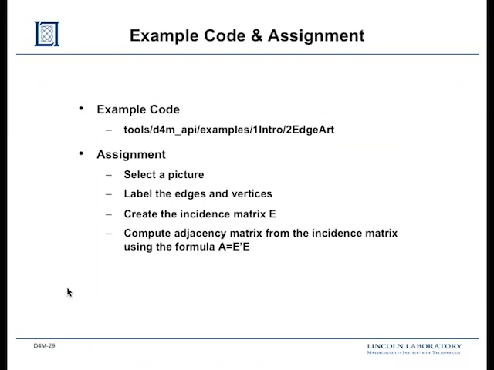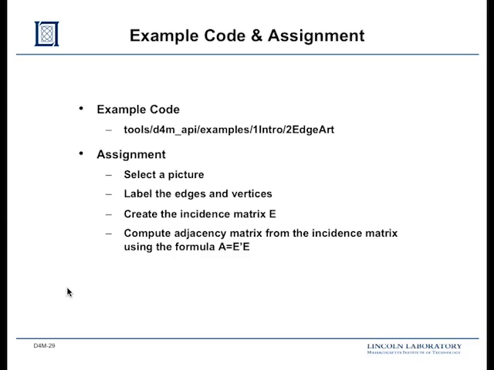So we're going to go over here. Your assignment, should you choose to undertake it, is to pick a picture, hopefully someone that's interesting to you. It doesn't have to be straight lines. It could be anything where you could draw edges. You could take some photo and put it through one of those Photoshop-y effects and turn it into a line drawing, and then start labeling vertices.